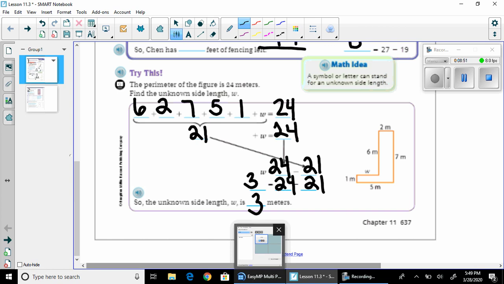So I'll go back and write 3 meters here. To check our answer, we would go all the way around our figure, and make sure that it was equal to 24. So the distance from here all the way around would be 24 meters. Okay? All right, we will go on to our next page.